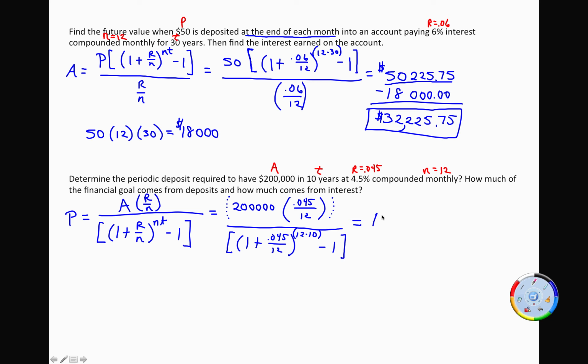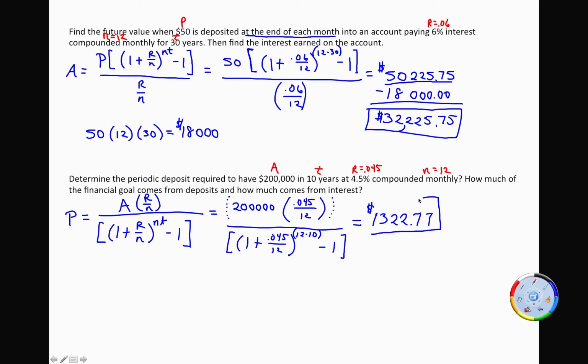Okay, 1322, and my calculator tells me 7681, but remember, no matter what the calculator tells me, when I solve for present value, I always round up because I want to be able to meet my financial goal. So that is my periodic deposit.